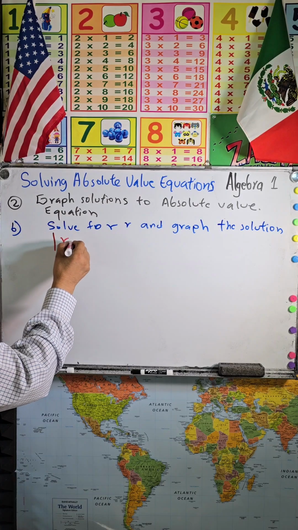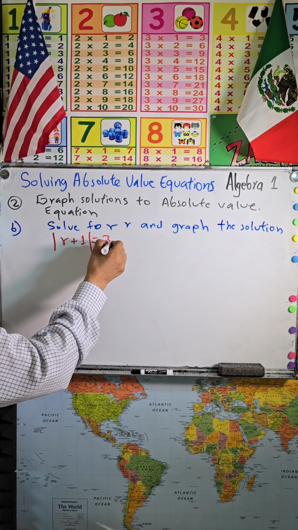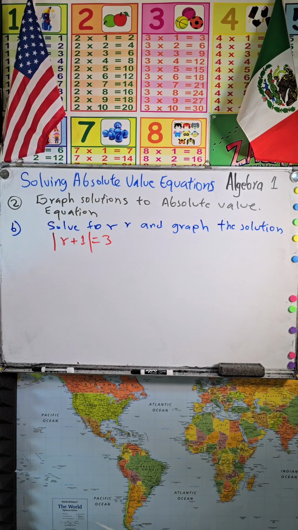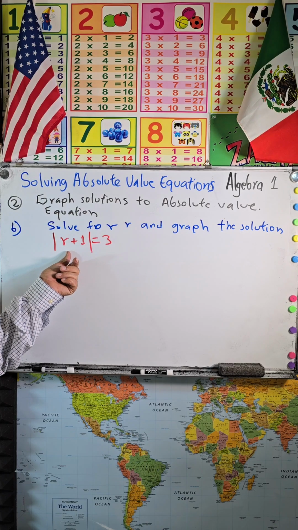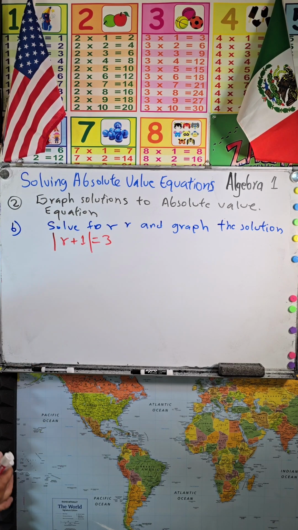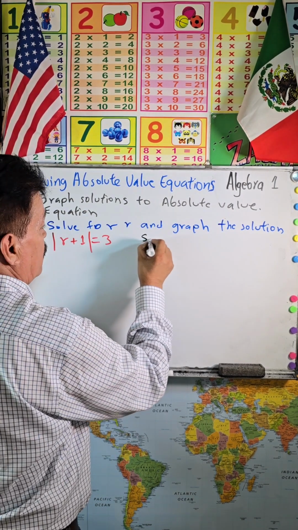Let me write here: absolute value of r plus 1 equals 3. All right, again, since r plus 1 can be either positive or negative, split the equation into 2 cases.